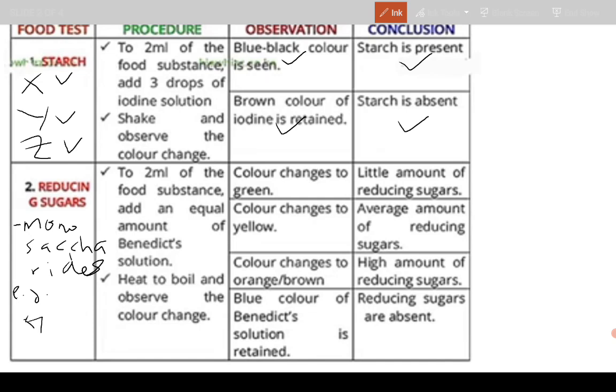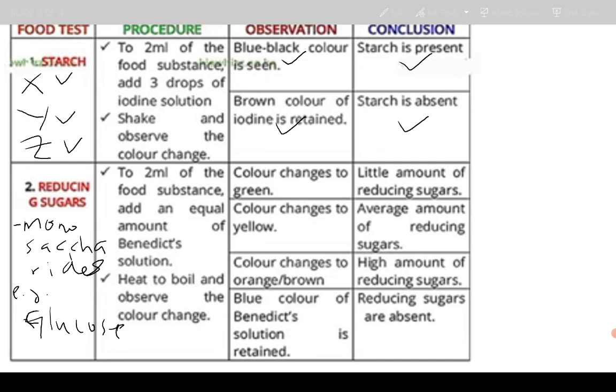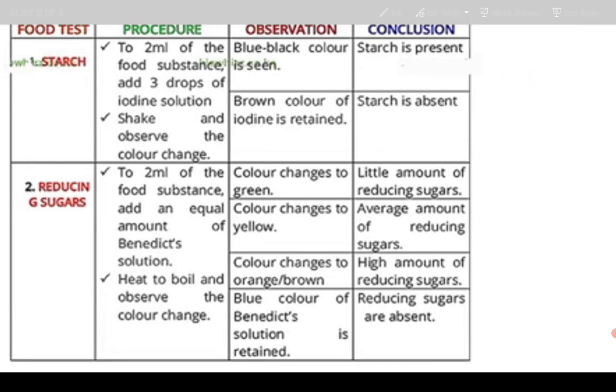Glucose is an example of a monosaccharide. So to tell that a food sample contains a monosaccharide or a reducing sugar, you carry out this test.